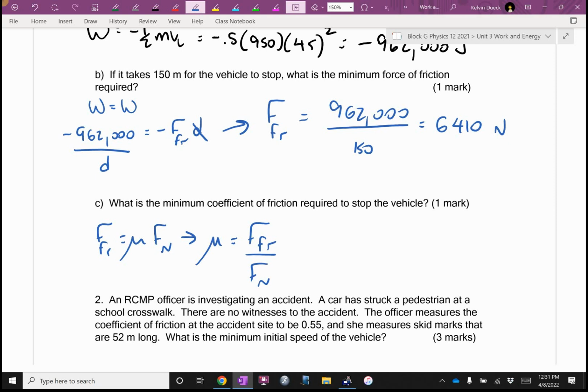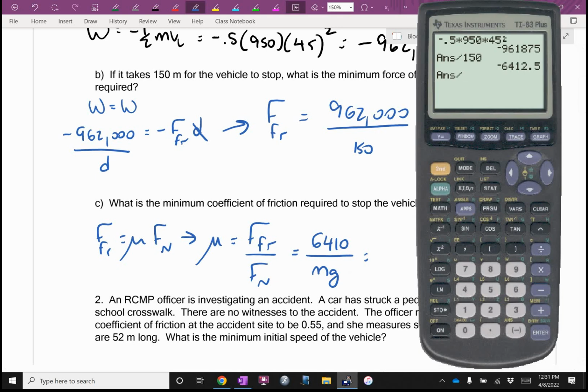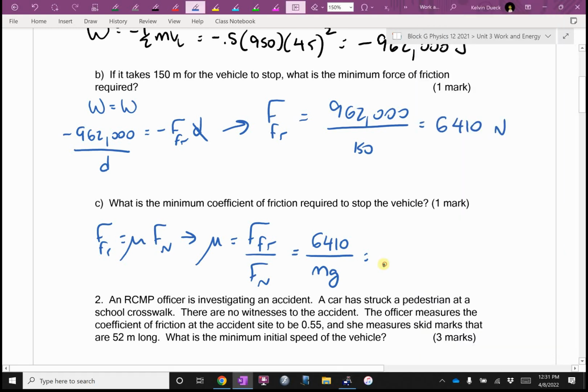So I think I can go 6,410, I'm going to use my answer button, divided by mg, divided by bracket 950 times 9.8. Ignoring the negative because I didn't clear the negative out. 0.689. Units for mu are none.